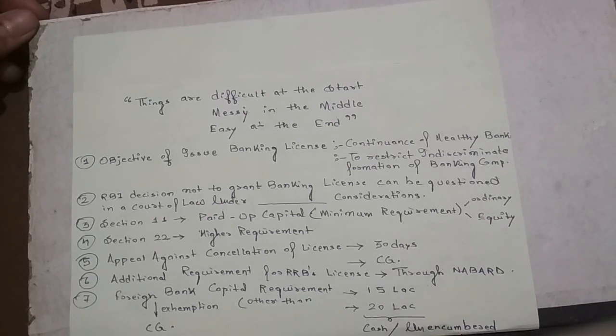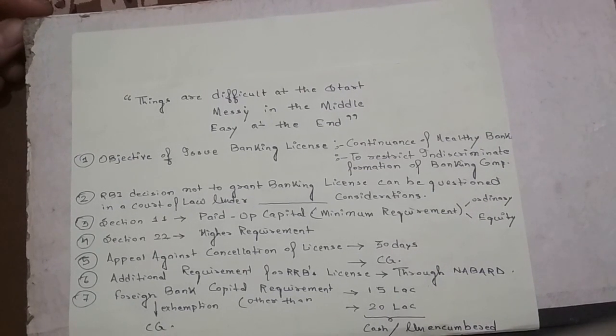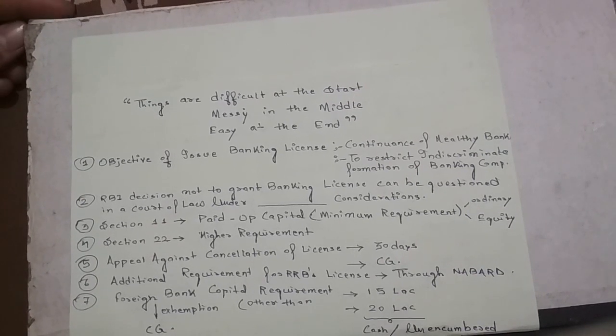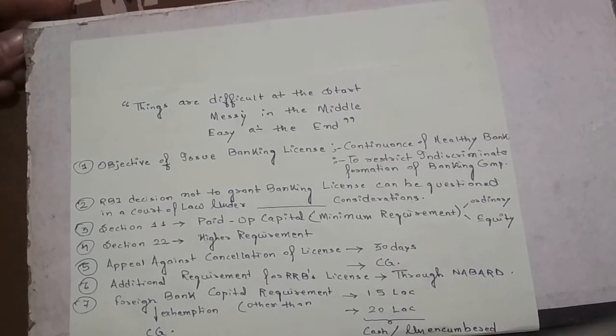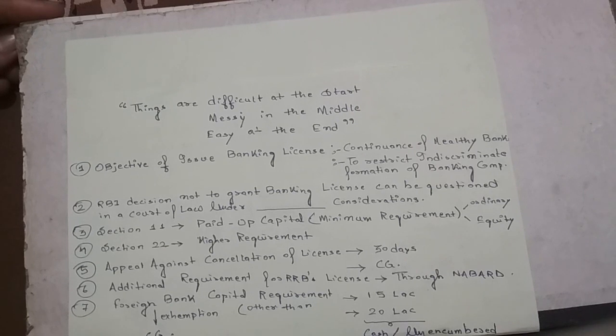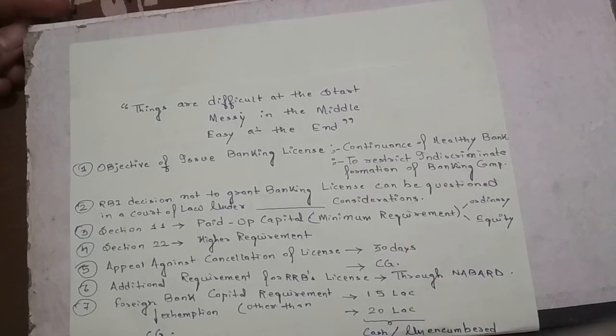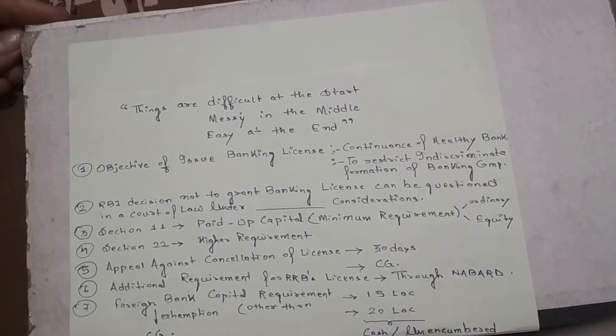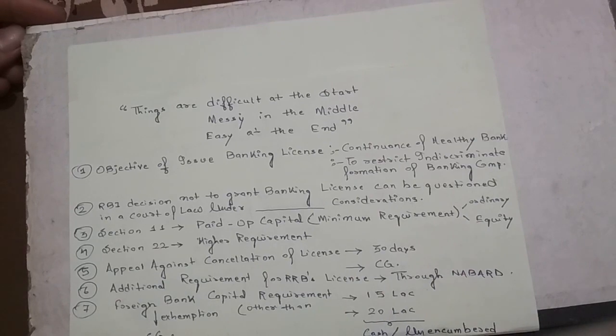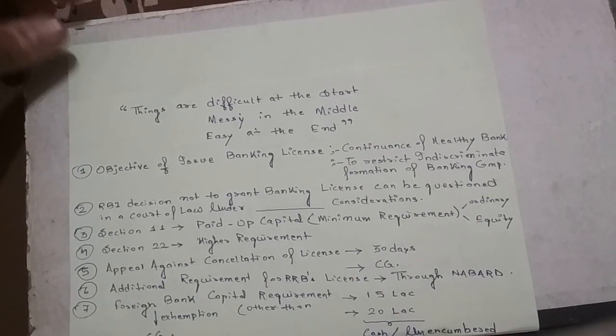This could be cash or unencumbered securities. You must know what unencumbered securities are: securities which are not put as a mortgage or encumbered in any other place against a loan, etc.